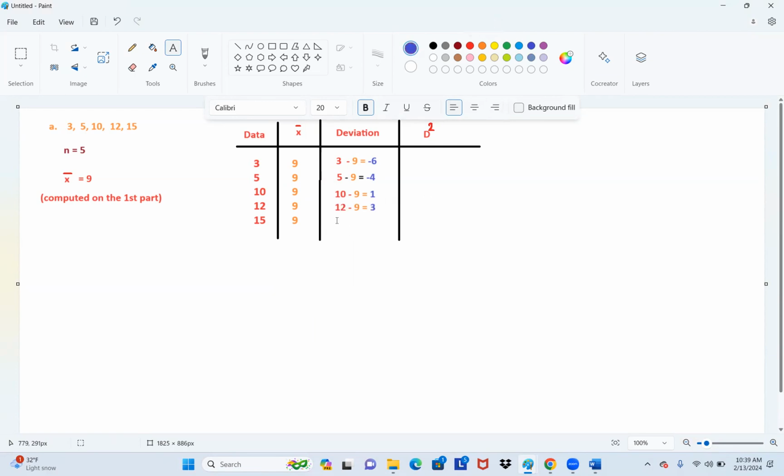Are we good? And then 15 minus 9 equals 6. Any question? Any concern?